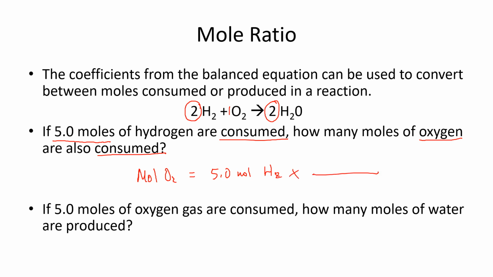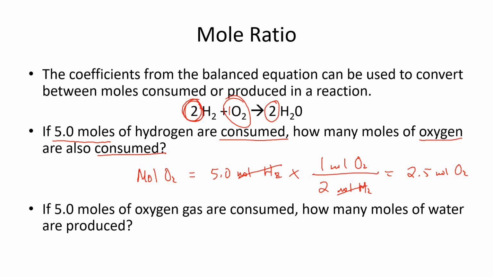And so all you need to do is use the ratio from the balanced equation, 2 moles of hydrogen from the equation, there it is there, the 2, and 1 mole of oxygen from the equation, there it is there. And you see the moles of hydrogen cancel out. 5 times 1 divided by 2 is 2.5 moles of oxygen will be also used at the same time.